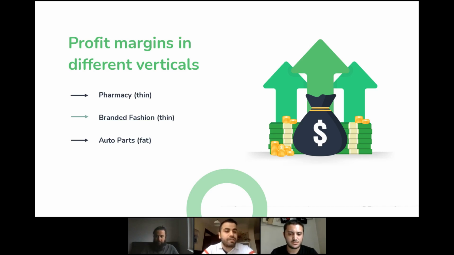But for some industries, that profit margin is quite thin, and that makes every cent important when you reprice your products. Pharmacy, branded fashion sector, the profit margins in these verticals are quite thin. I can firmly say that.